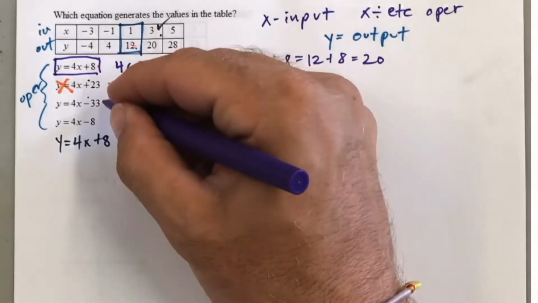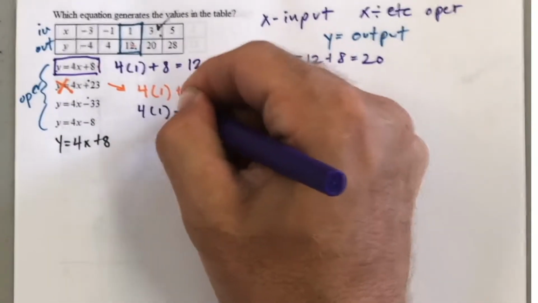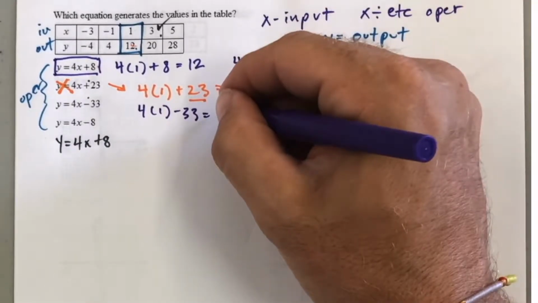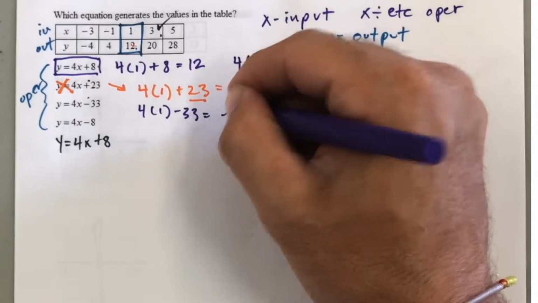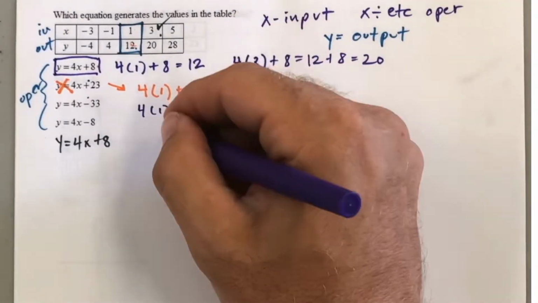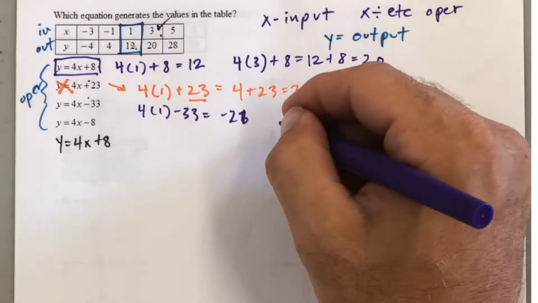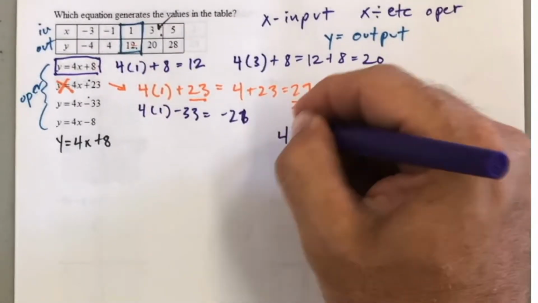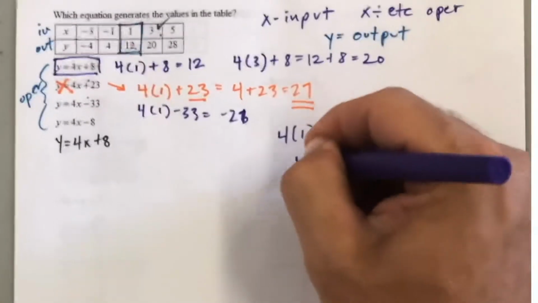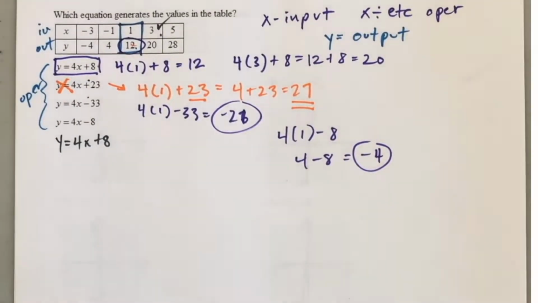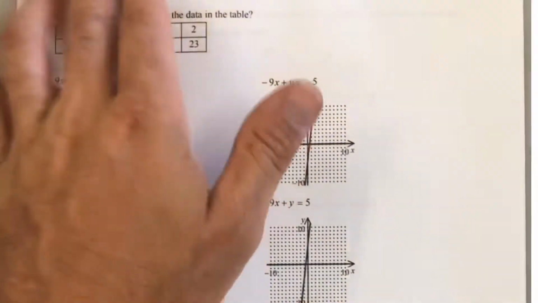All of these you could see, if I plug in 4 times 1 minus 33, that's going to give me negative 27 or negative 26. And then same thing here, 4 times 1 minus 8, 4 minus 8, that would have been negative 4. So that's not the output I was looking for here with 12. And that's just basically how you determine inputs, outputs, and operators.